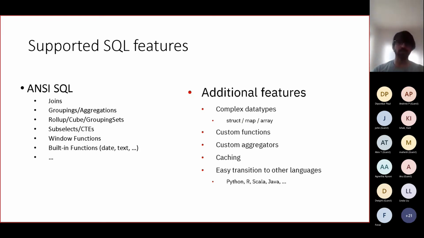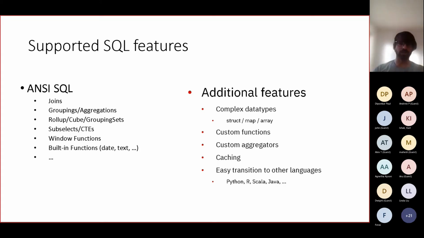Besides that, you also have some additional features. In Databricks, you can have complex data types, being structs, maps, and arrays. You can also nest them, which is not possible, or at least not really recommended for SQL, so that you have one column that contains multiple values. That's not a good practice in SQL, but it's perfectly fine in Databricks. You also have dedicated functions to process this data.